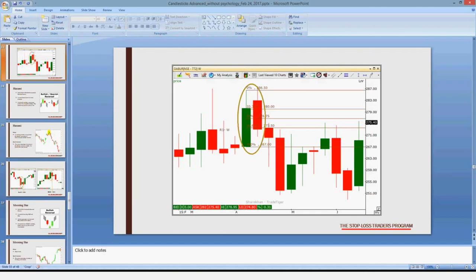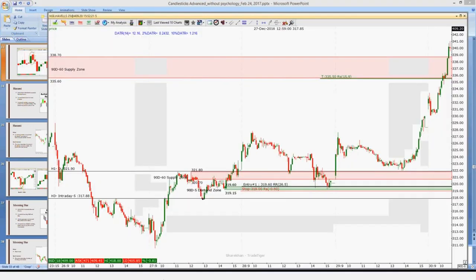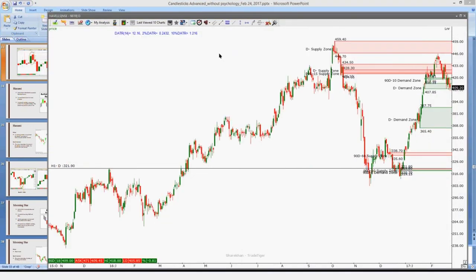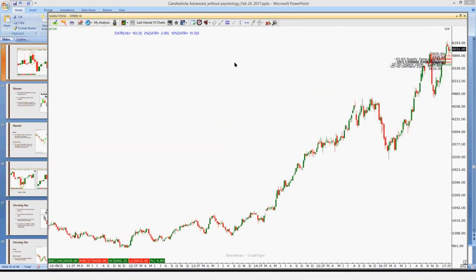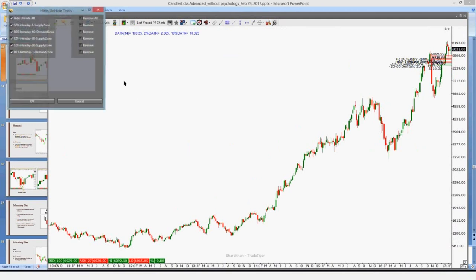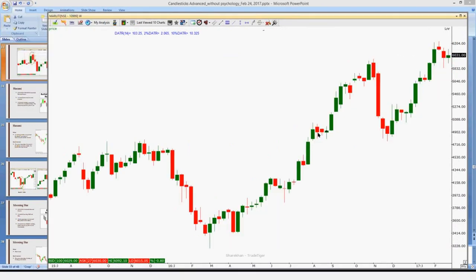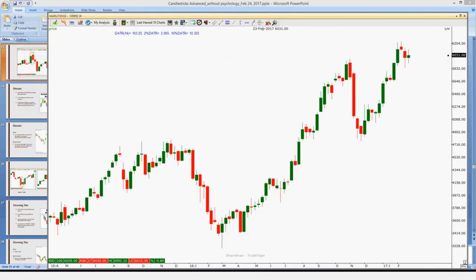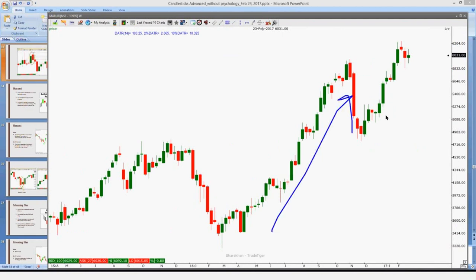So we have Maruti for the dark cloud cover. Again, I'm going to hide everything. Can you see this? What is the prevailing trend here? What is the prevailing trend, friends? Up, right?